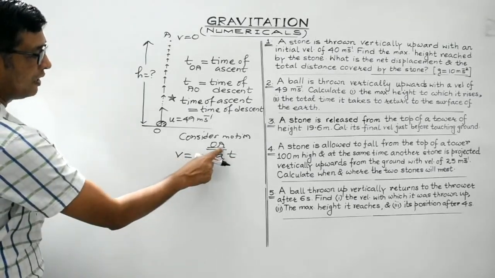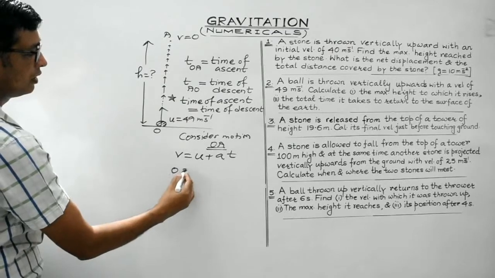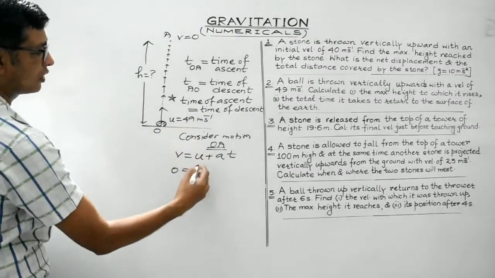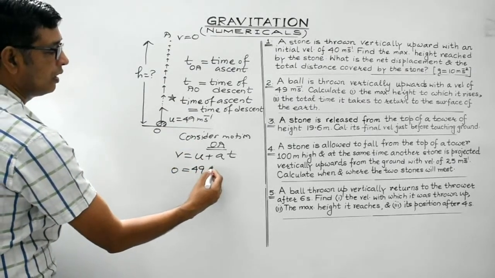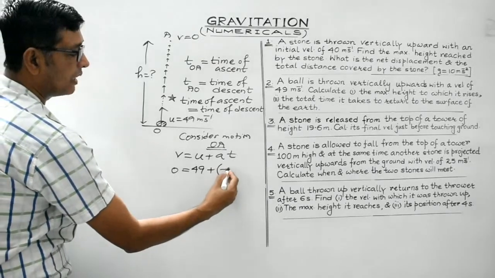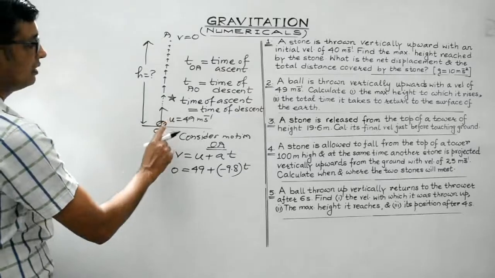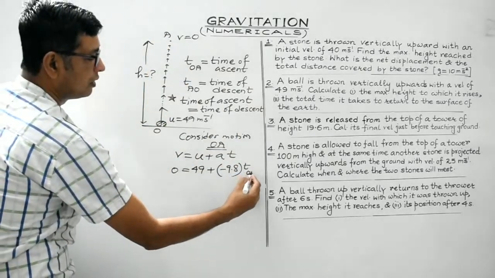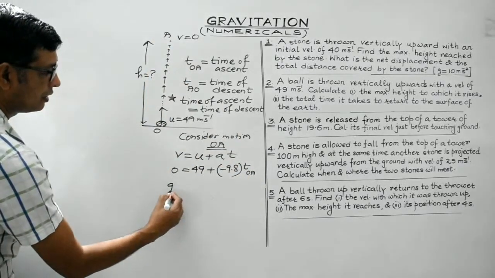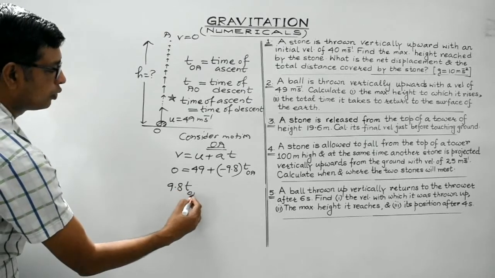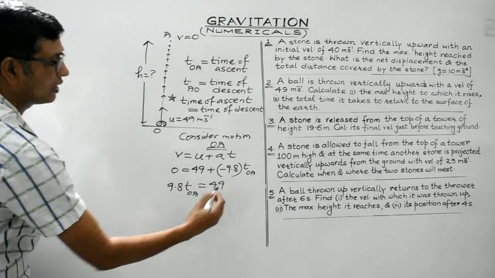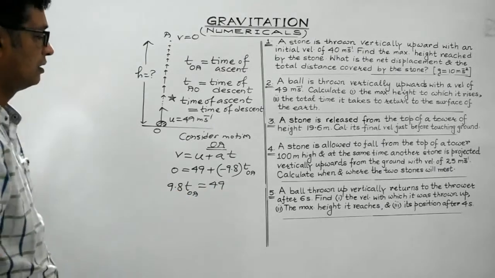Final velocity at point A is 0. Initial velocity is 49. A is to be replaced by minus G, that we have already discussed. And this T is to be determined. T is O to A. So, students, 9.8 T O to A would be equal to 49. Am I clear?